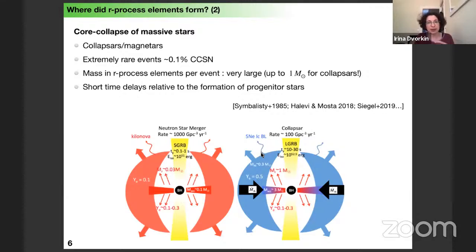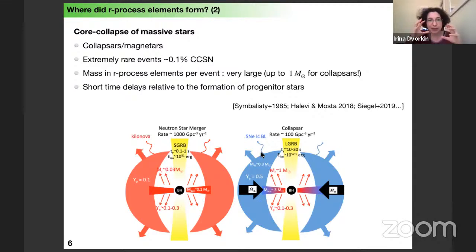The other hypothesis is that you can produce them in core collapse of massive stars. Now, I told you that if you produce them in regular core collapse supernovae, it doesn't really explain the observations, first because they are too frequent, and second because the relative abundances of r-process elements that are produced in regular supernovae cannot explain the relative abundances in the Milky Way.